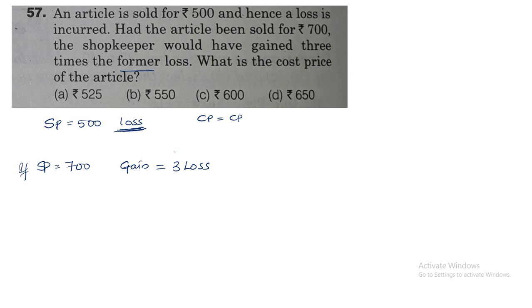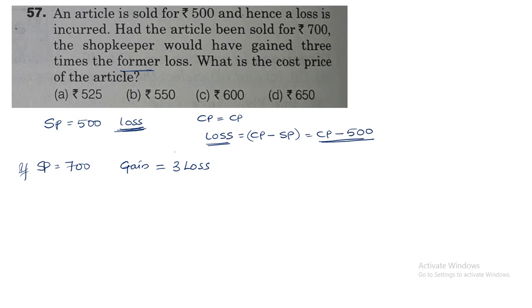Then loss is equal to, what is the formula? Loss is equal to CP minus SP. This is my formula. So what is SP here? SP is 500. So I got the value of loss: loss is equal to CP minus 500.